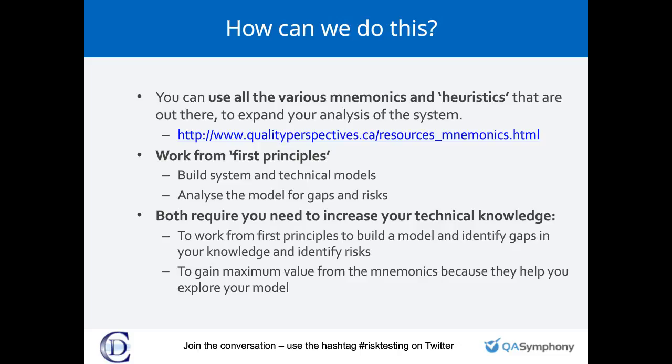If you don't have the technical knowledge to identify the risks, if you don't have the technical knowledge to know that when someone says structure to you, you have to look at the structure of the system and its interconnecting parts, and because it's using Jetty as opposed to Apache, there's a different set of risks. If you don't know that, you're not going to do the testing even if you're working from mnemonics or the system. But both of those are valid ways of going through.